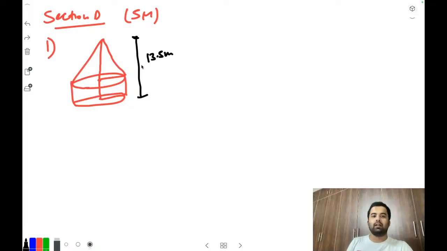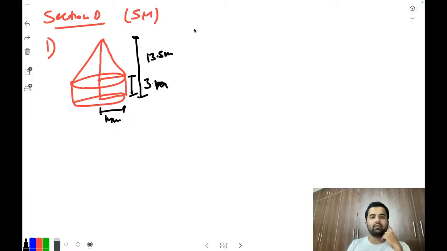Next, the cylinder height is 3 meter only. The radius is given, 14 meter. You have all the values.